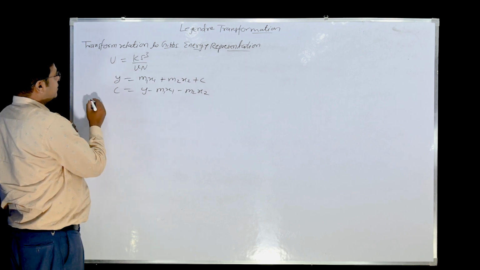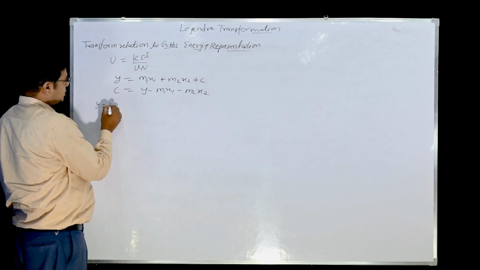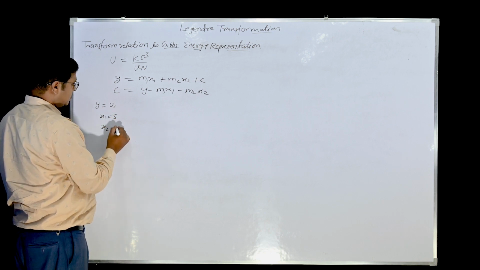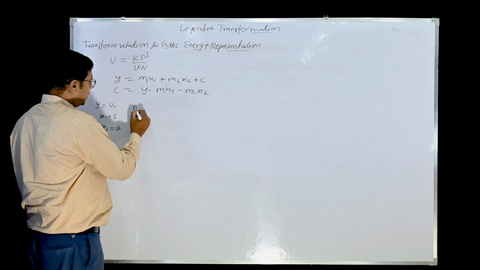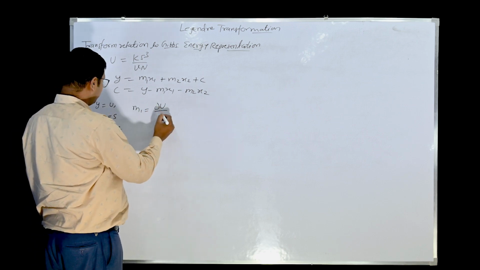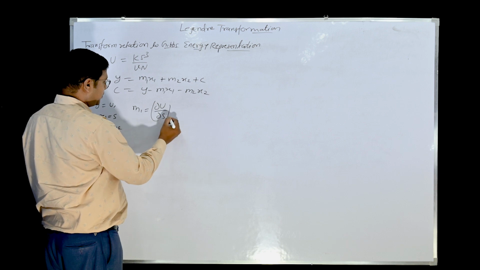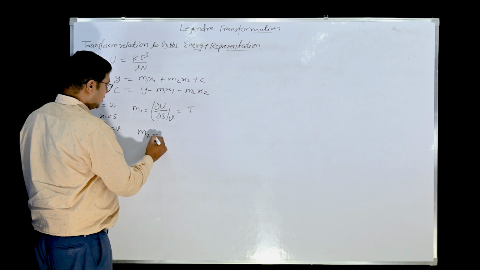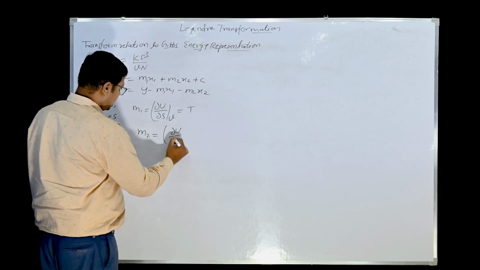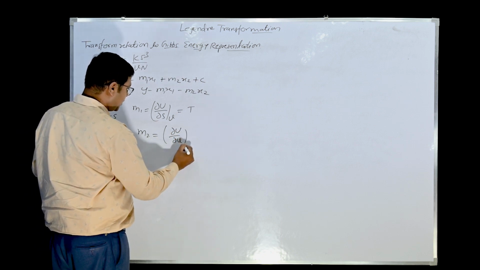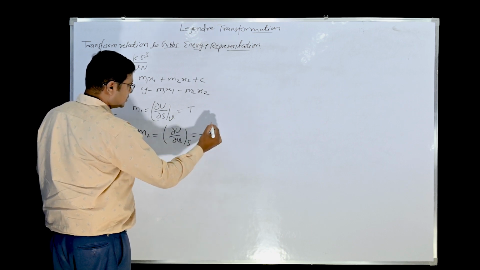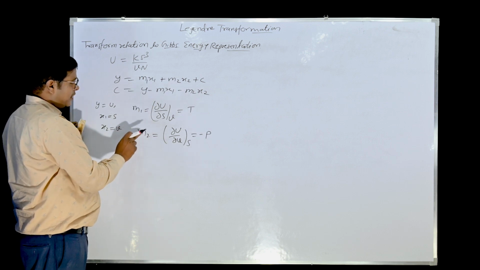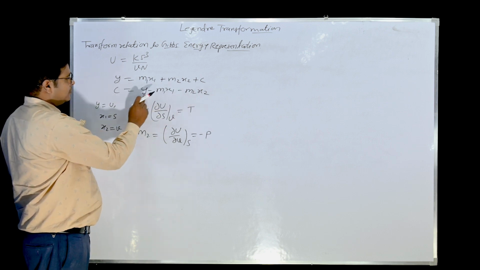So here y is U, x1 is S and x2 is V. So m1 is equal to dou U by dou S, keeping volume constant, and this is nothing but the T, and m2 is equal to dou U by dou V, keeping entropy constant, and this is nothing but the minus P. So here I will put the value of m1 and m2, x1 and x2 and y.